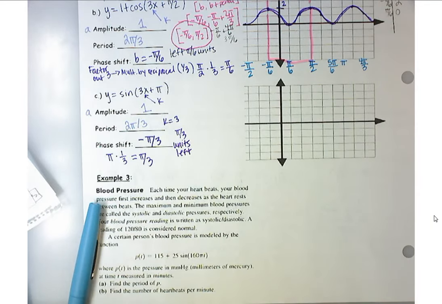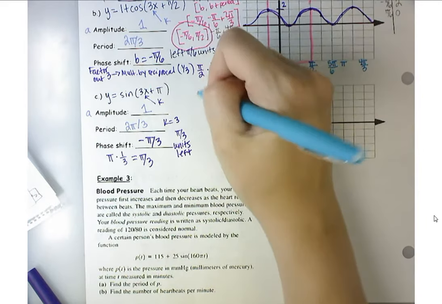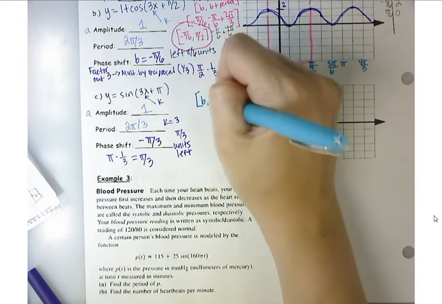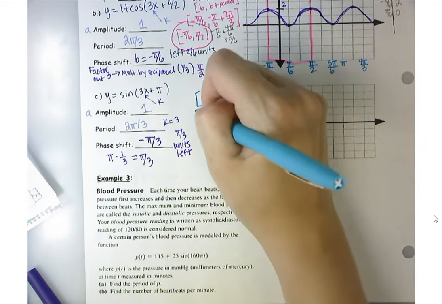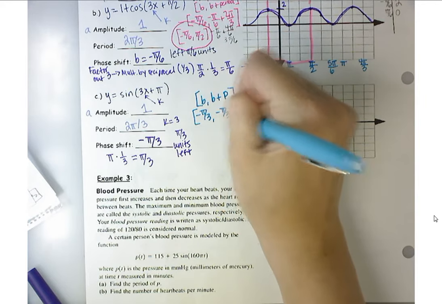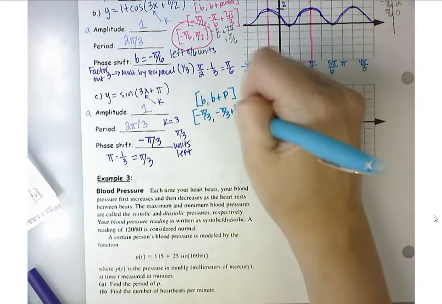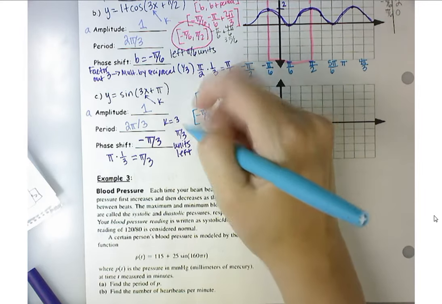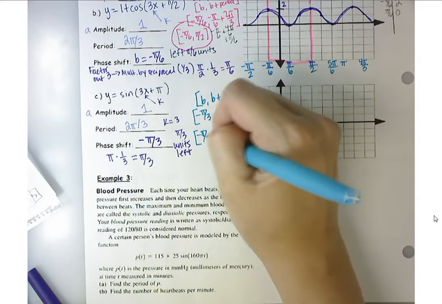And then let's find our period. So it's your b value, and then b plus your period. So my b value is negative pi over 3. And then we're going to do negative pi over 3 plus our period, which this one's really nice. Why? You already have a common denominator.